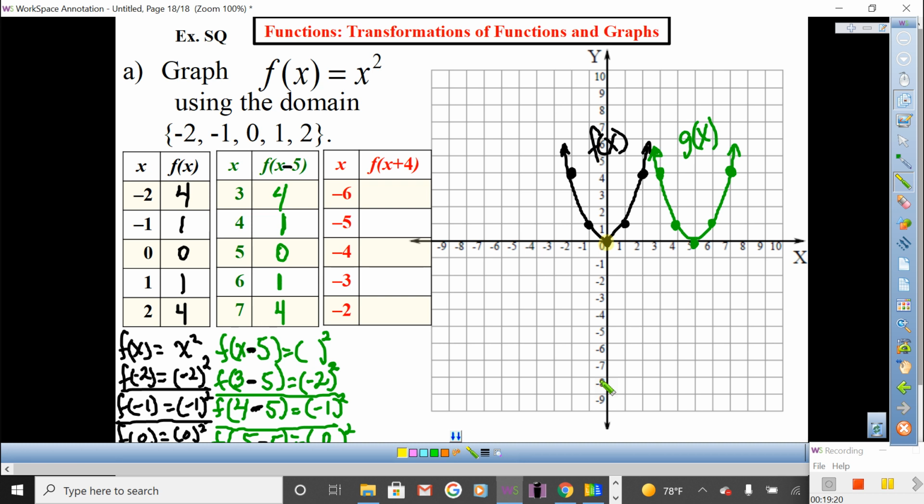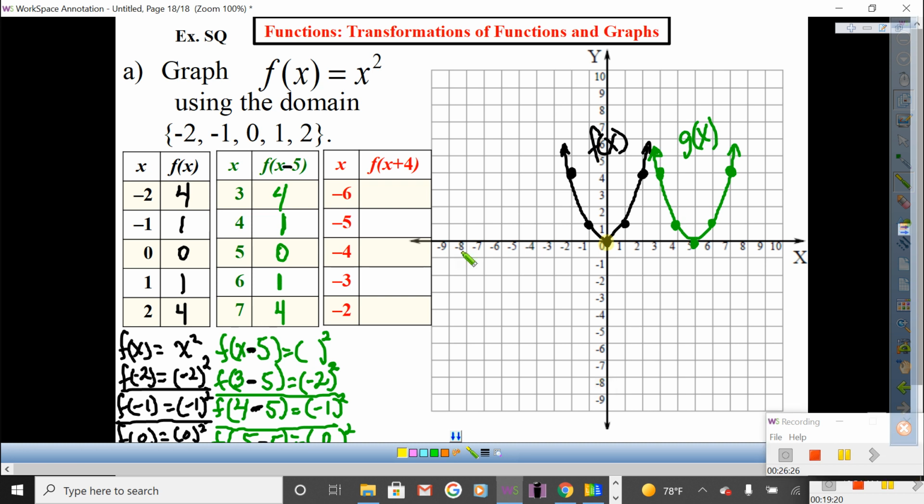So look at the original one, and look at the new one. Talk to your neighbor, let them know what happened to all those 5 points without looking at the table. Just look at the graph and tell your neighbor what happened to all those 5 points to get the green graph.